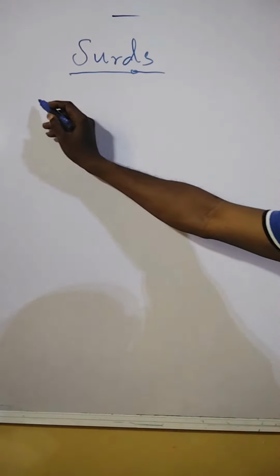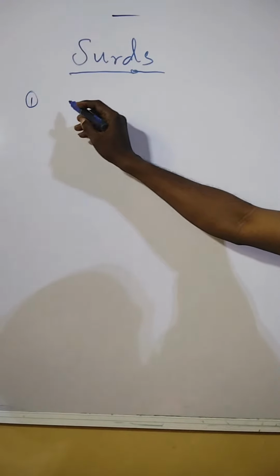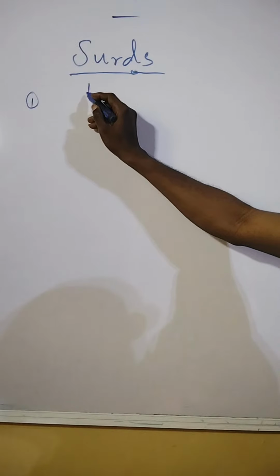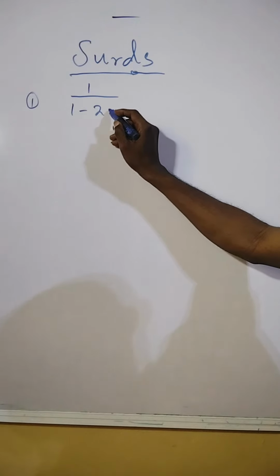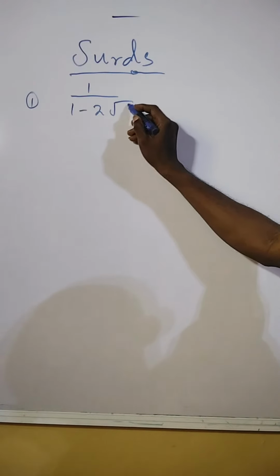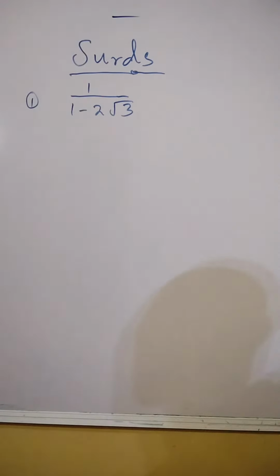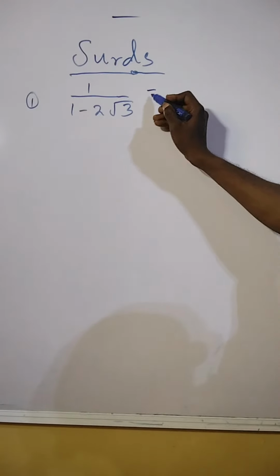Now, number one, we are to simplify 1 over 1 minus 2 root 3. That is, here we want to simplify.